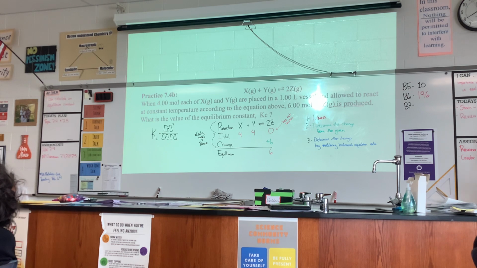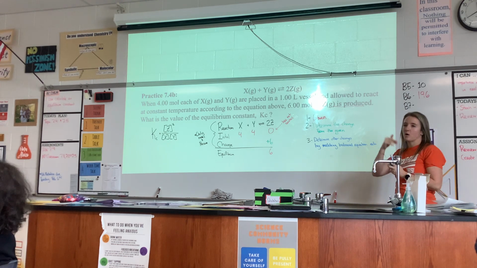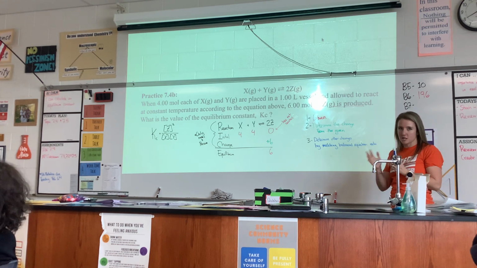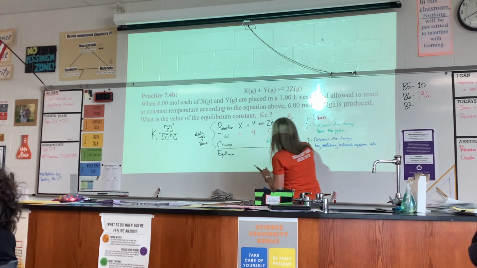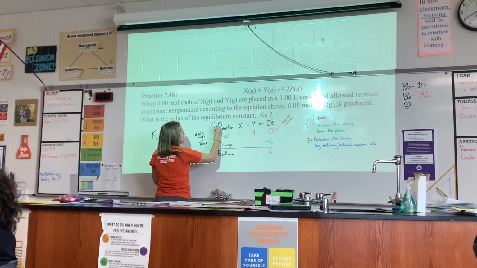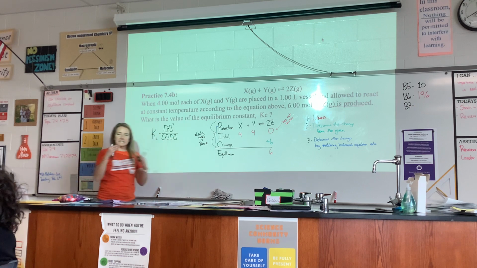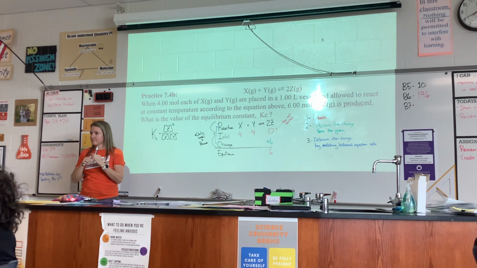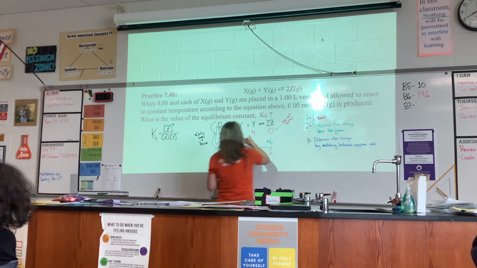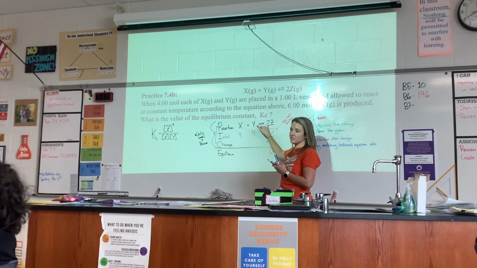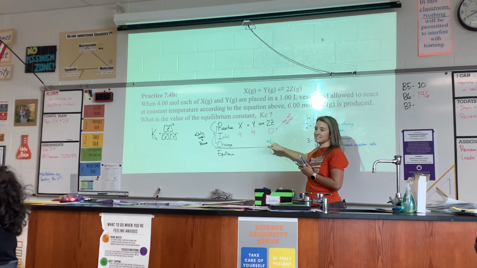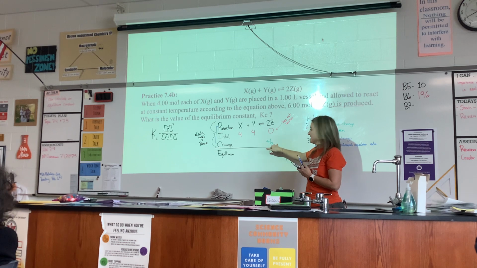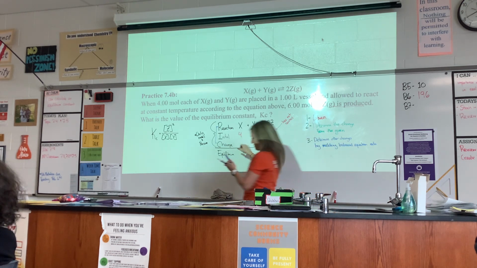The change in the reaction will always have the same ratio. So like these two, the ratio should be the same. Since it's a 1:1:2 ratio, if this is a 6, then this should be a 3.